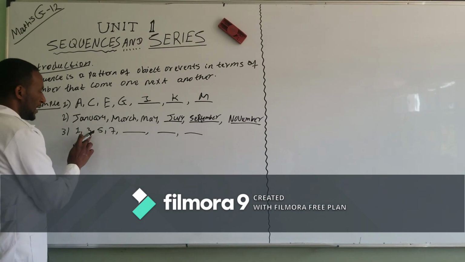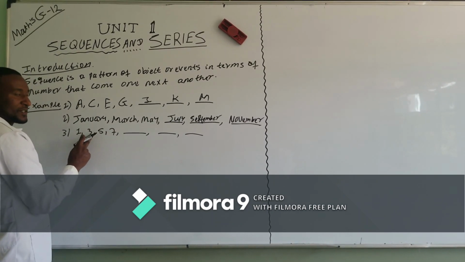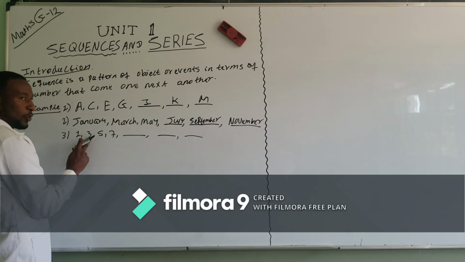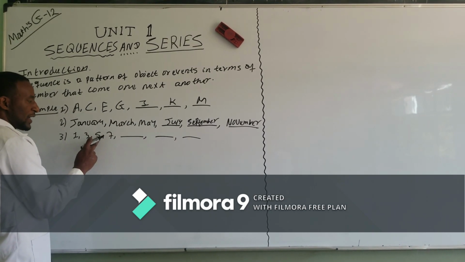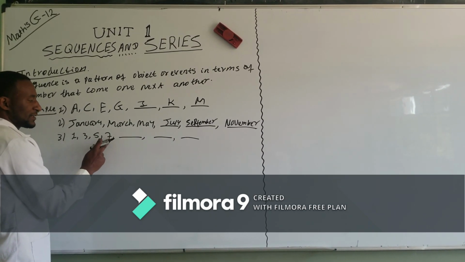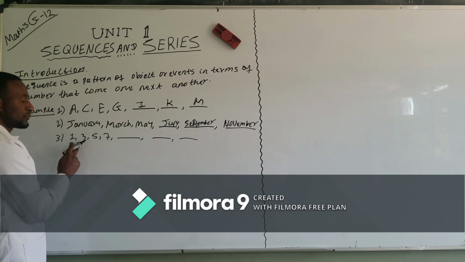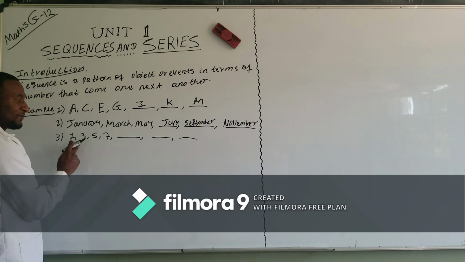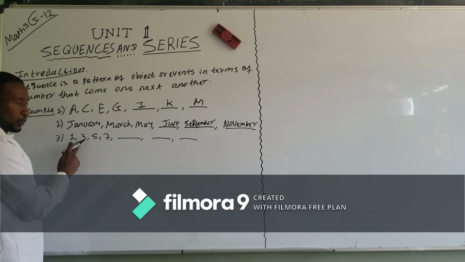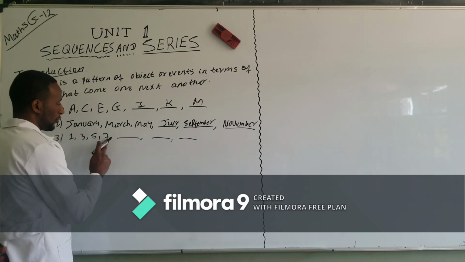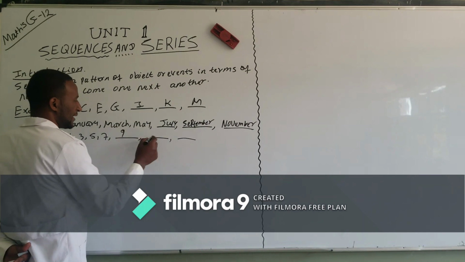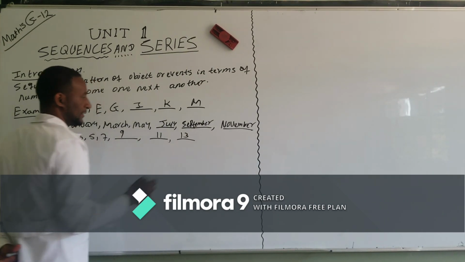When we need to find the next term, we add 2 to 3, then 5. When we add 2 to 5, we get 7. That means each term of this sequence has the common difference 2. Then when we add 2 to 7, we get 9, 11, 13.